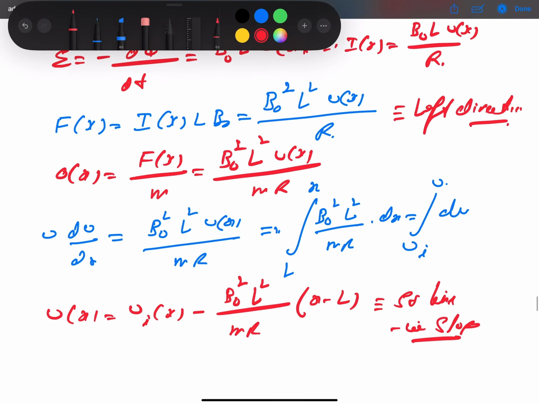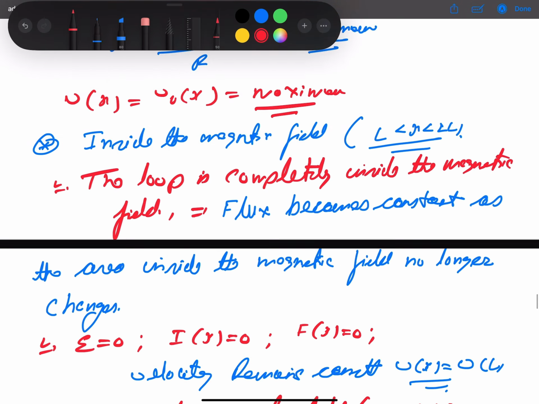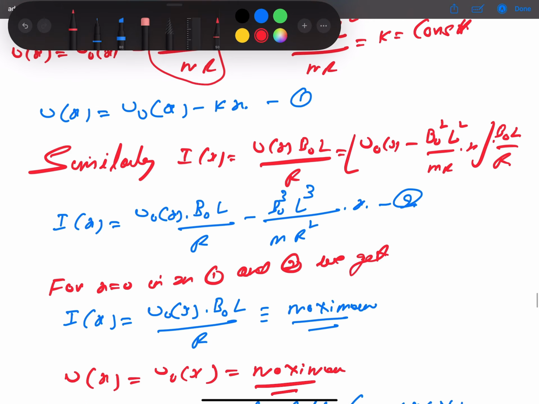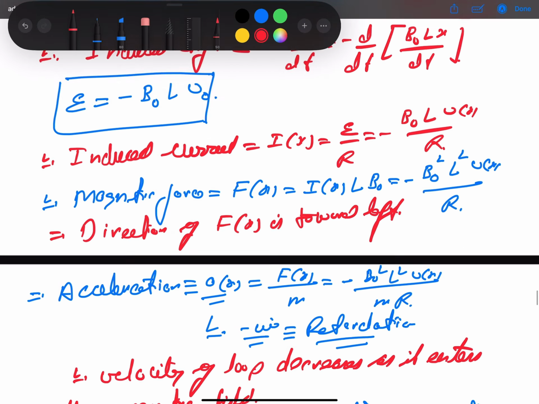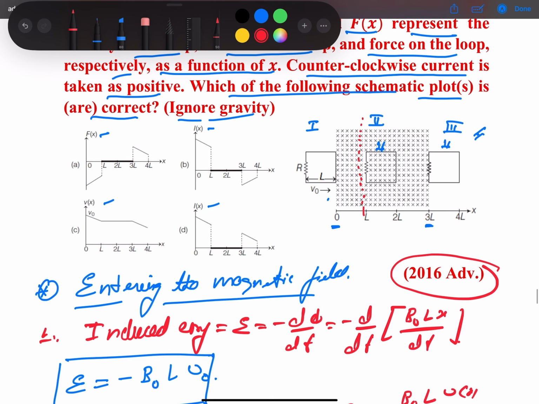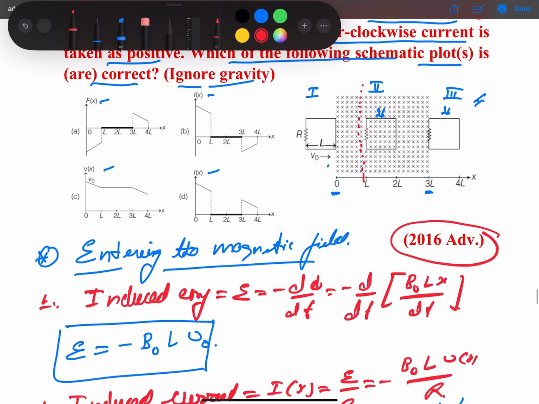So let us summarize the entire thing, and the options that are with us. Let us start with velocity first of all. So velocity first decreases, then it becomes constant, and then it decreases. This option is the correct one.